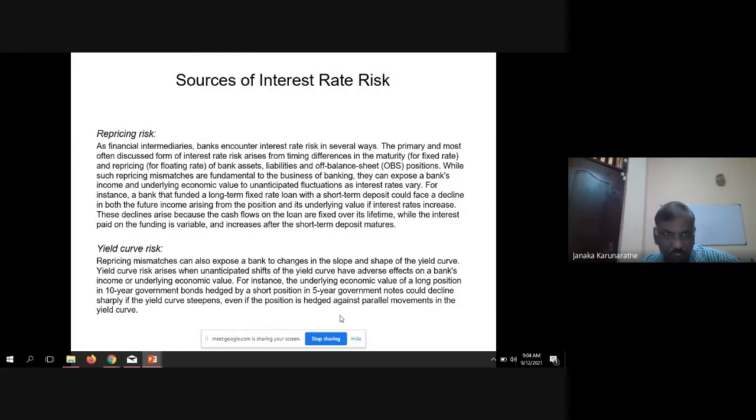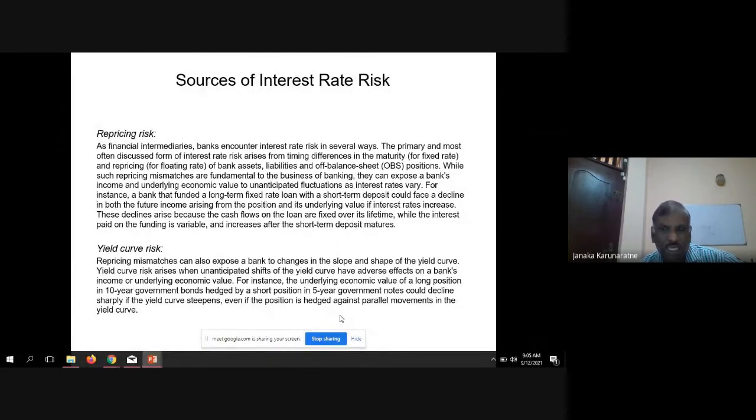The primary and most often discussed form of interest rate risk arises from the timing differences in the maturity and repricing of bank assets, liabilities, and off-balance sheet positions. While such repricing mismatches are fundamental, of course you can't avoid that. If you do banking business, this is there. But it can affect the income and underlying economic value.